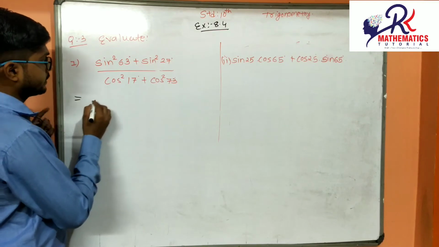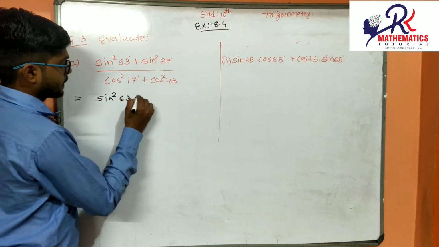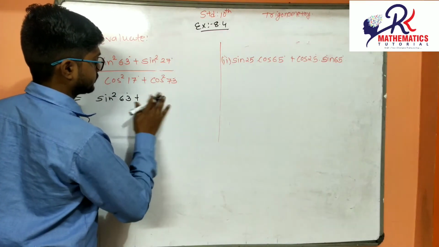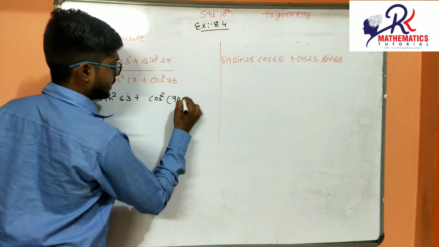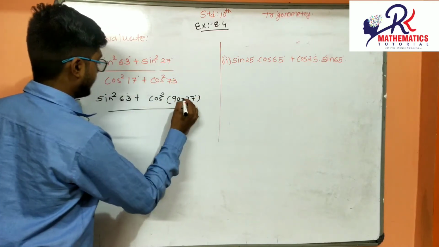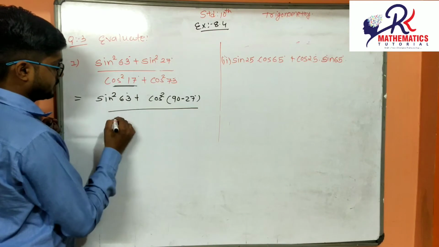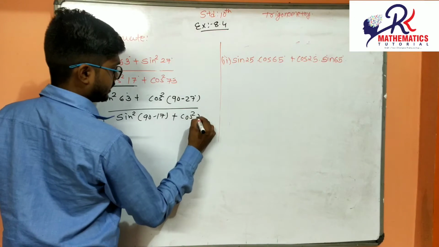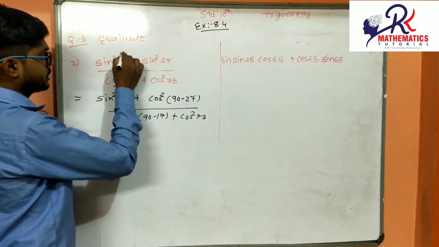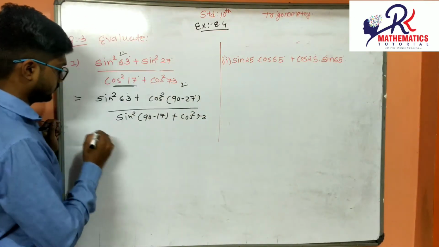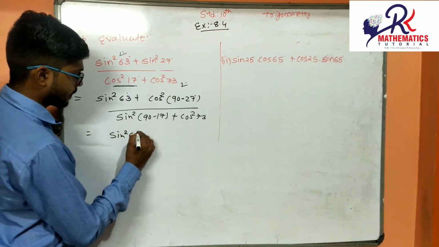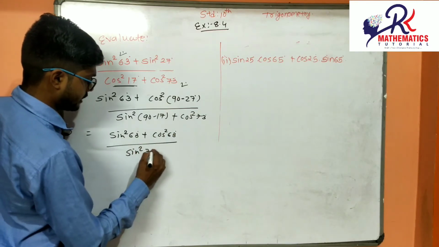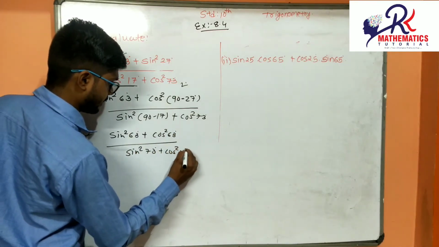So by applying complementary angles, sin square 63 becomes cos square (90 minus 27), divided by, here changing this into sin, sin square (90 minus 17) plus cos square 73. Here we can change the 63 angle also and the 73 angle also. It is sin square 63 plus cos square 63 divided by sin square 73 plus cos square 73.